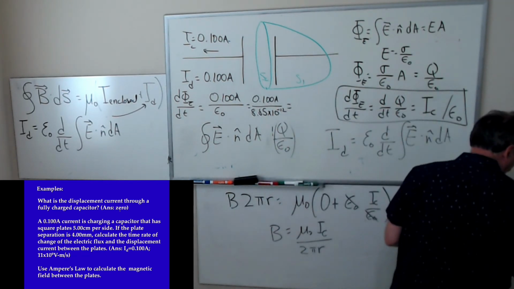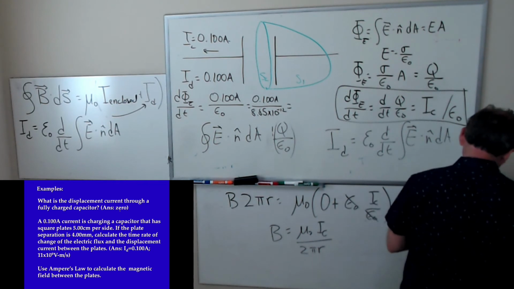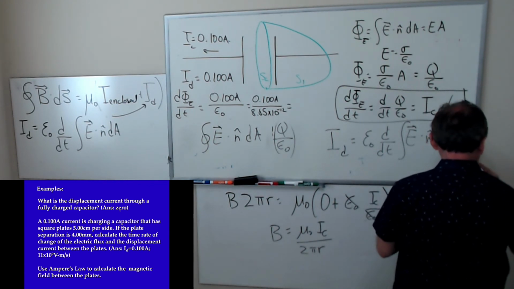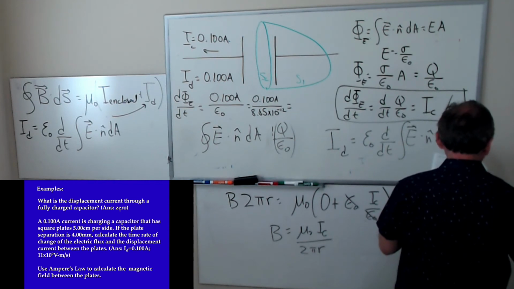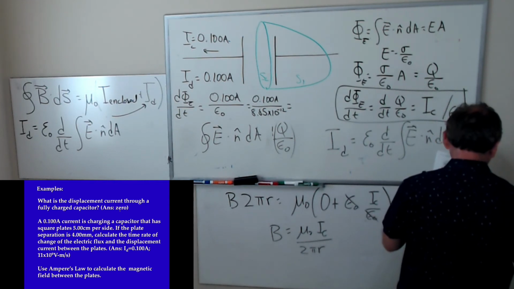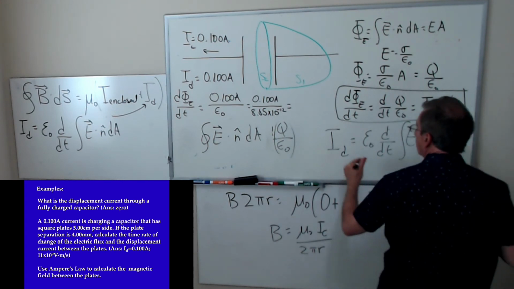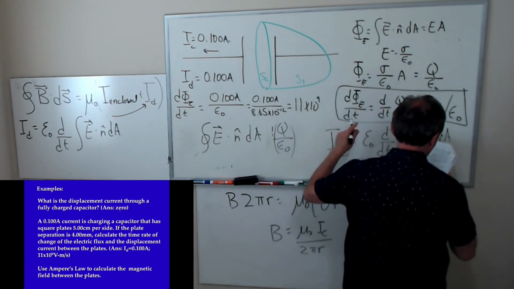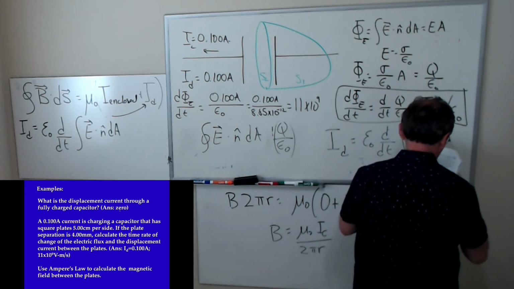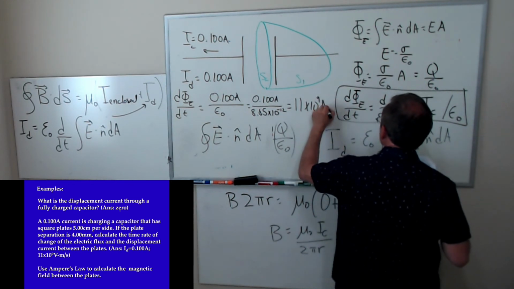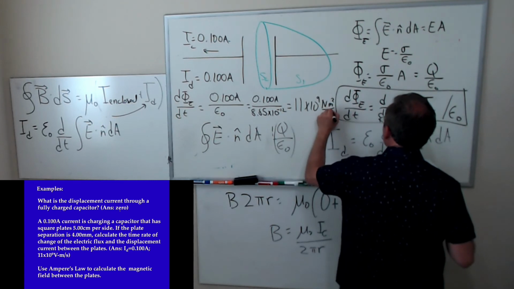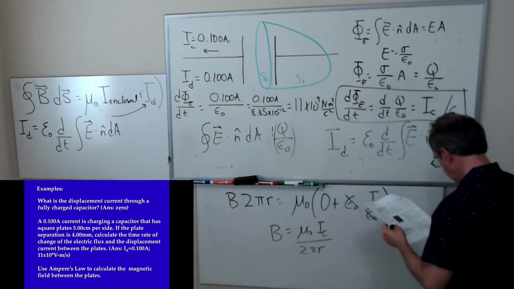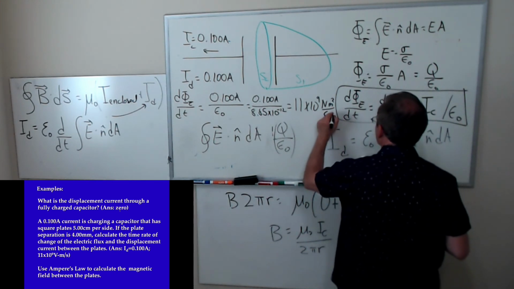The value turns out to be, where was my value? 11 times 10 to the 9th Newton meter squared per coulomb second.